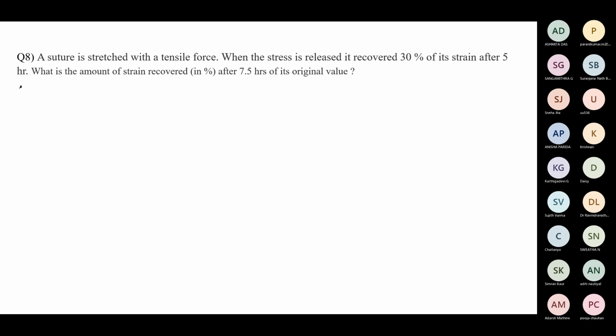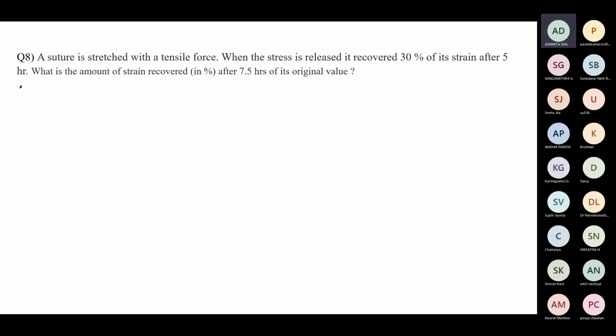Okay. So we use the same formula as the previous one, where L is the elongation and L0 is the initial length. So 1 minus e to the power minus t by tau. Here in this case, we go for 7.5 hours, and tau comes as 14.045.